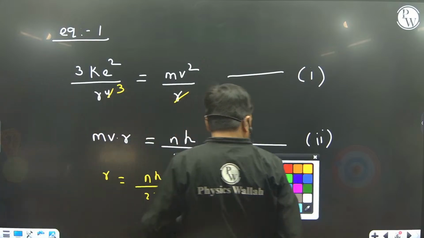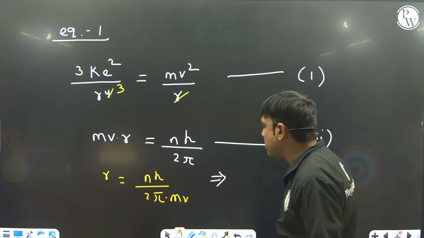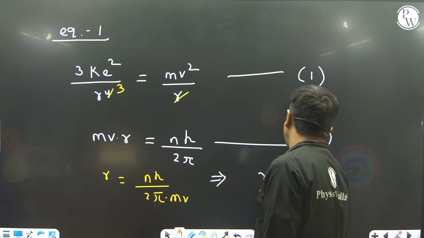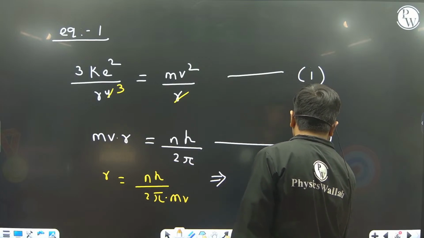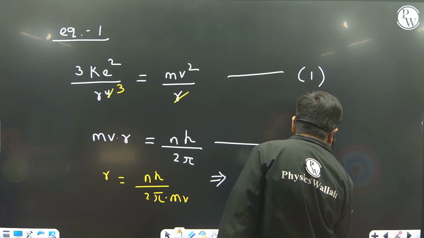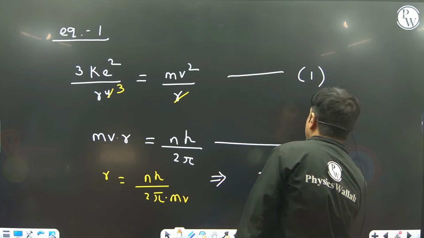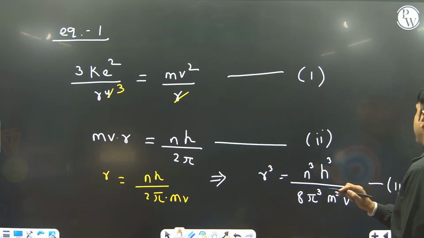So let us try to do it. This r is nh by 2 pi mv, so r cube will go as n cube h cube upon 8 pi cube m cube v cube. Let us assume it as equation number 3.